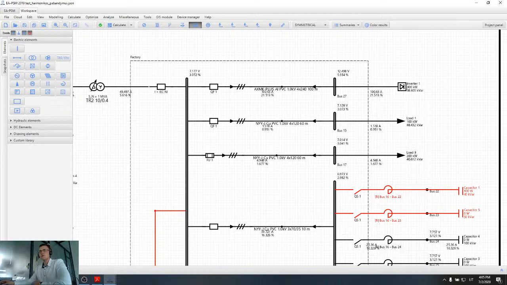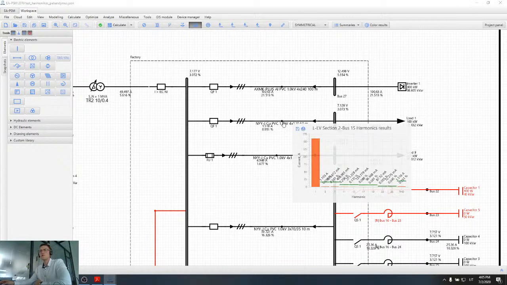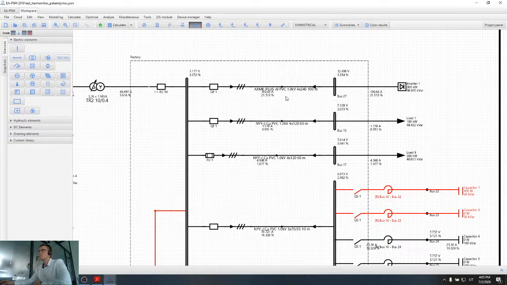For communication circuits, maybe higher frequencies can affect them more. But of course, if you have cable ladders, and on those cable ladders you have power cables that are not protected by shields, and also have communication circuits, then of course communication circuits will be affected. In the case of power circuits, they are affected quite a lot, especially, as I have mentioned, capacitors and transformers.